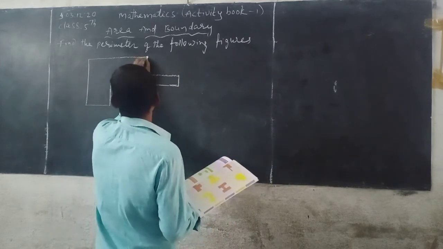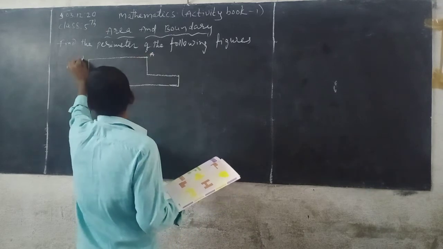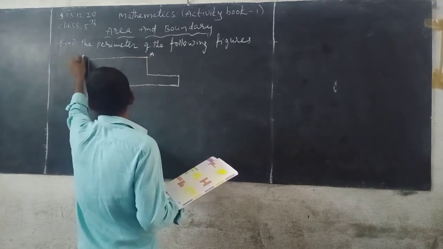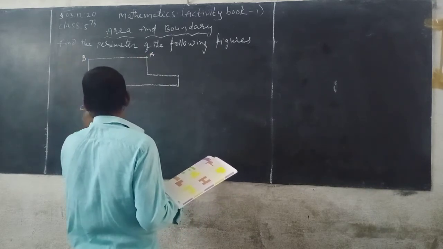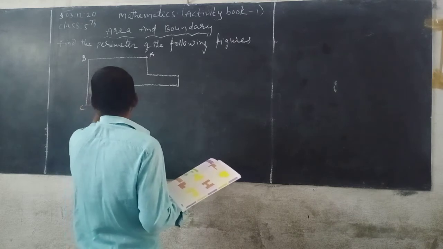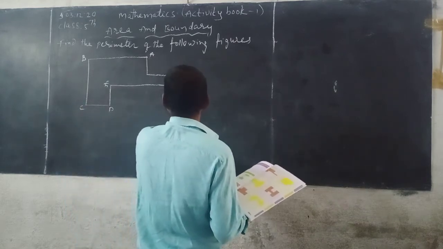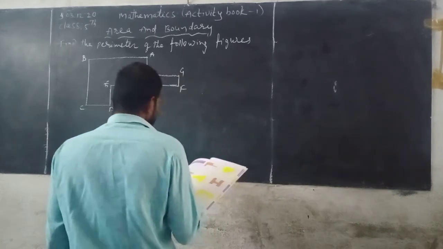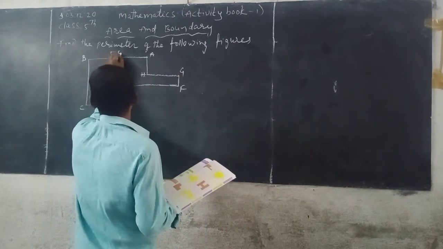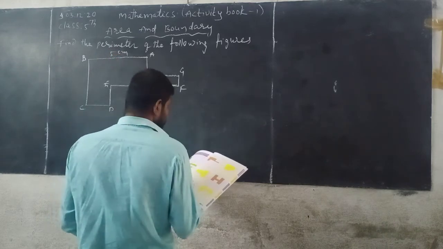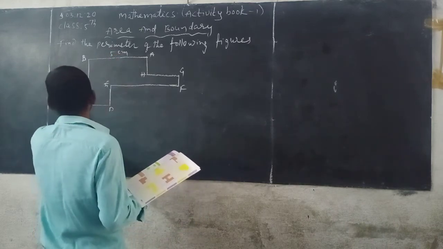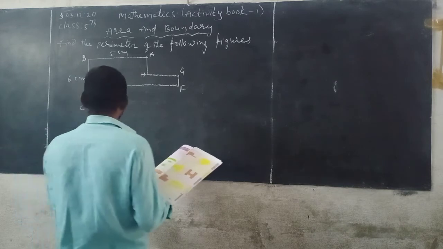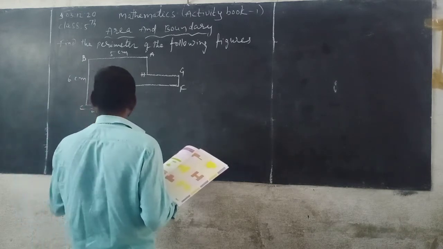See here, I am writing this is A, B, C, D, E, F, G, H. This is 5 centimeter. This is 6 centimeter. 2 centimeter.